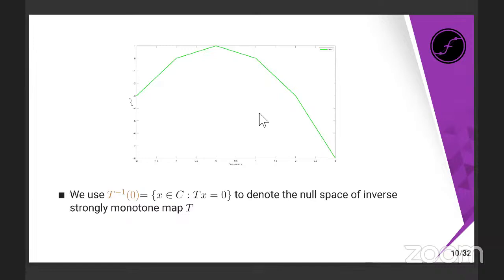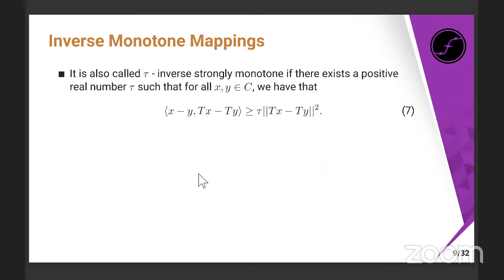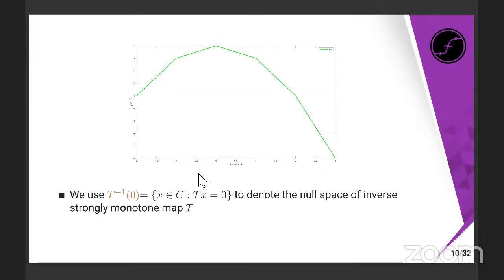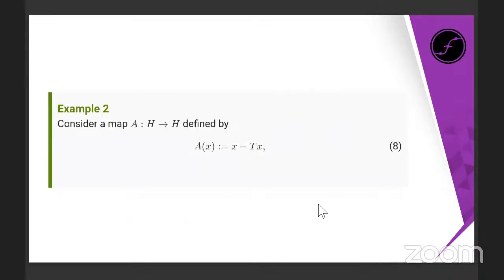Now, when we want to define the concept of the zero problem, the zero of any nonlinear map refers to the collection of points in its domain at which the value of our mapping is 0. We usually denote it by this particular symbol: T inverse of 0 is equal to the set of points at which the value of the function is 0. We call it the null space.